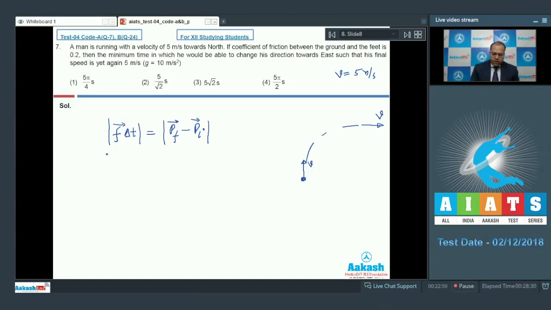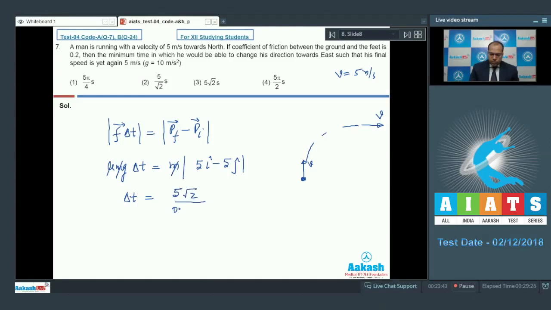The value of F dt, that is the mod of the frictional force, mu mg, multiplied by dt, is equal to m times v final, that is 5 i cap, minus v initial, that is 5 j cap. So m can be cancelled out. From here the value of dt comes out to be 5 root 2 divided by mu g.